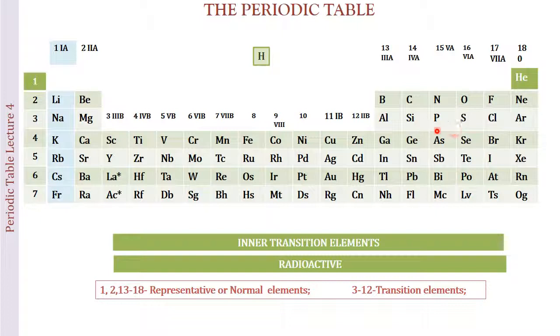Okay, and then we have the inner transition elements, that are the lanthanides and the actinides. And why are they called inner transition elements? Because they are forming a series within the transition elements. A series within the transition, so it is the inner transition elements. Right? So these are about the groups, the 18 of them. We will be seeing them more in the coming slides.